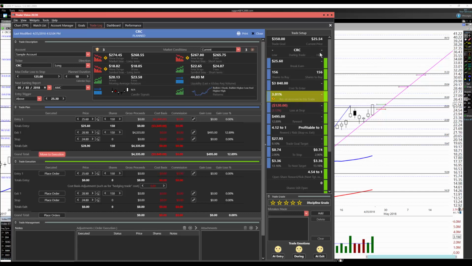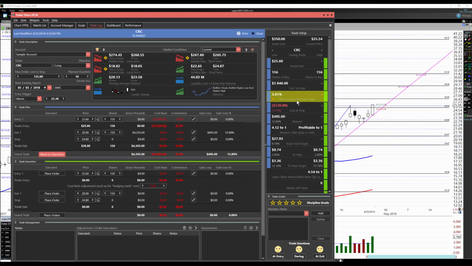So the break even based on this plan is 25.60. It tells us I can buy 156 shares and stay below that maximum loss of 125 bucks. It tells me that at the 150 shares, it's going to cost me 3,840 bucks to enter this trade, and that includes commissions.